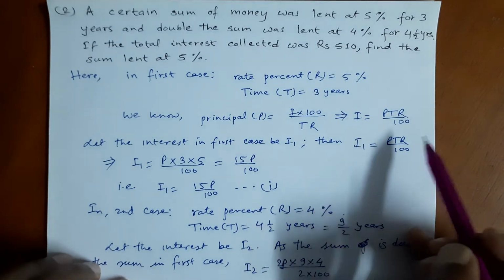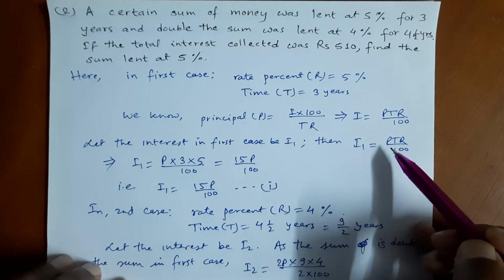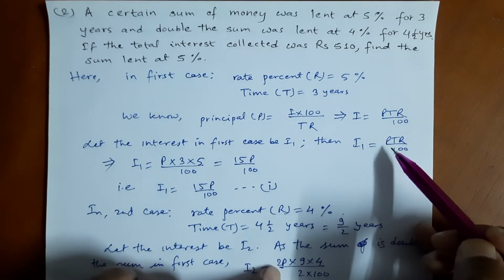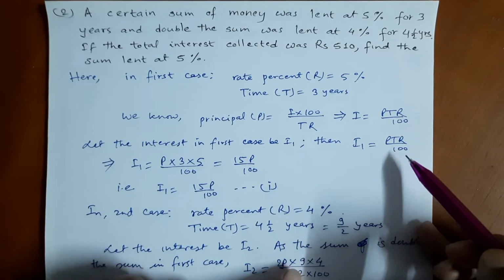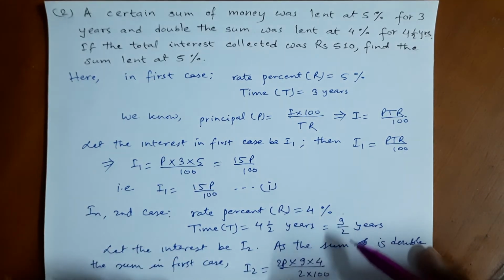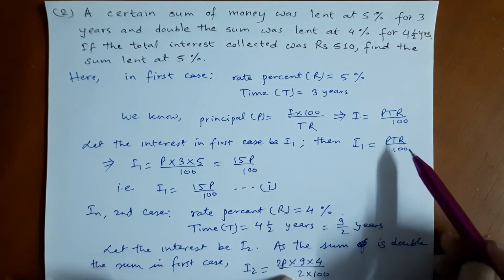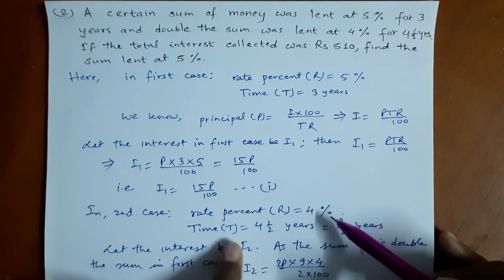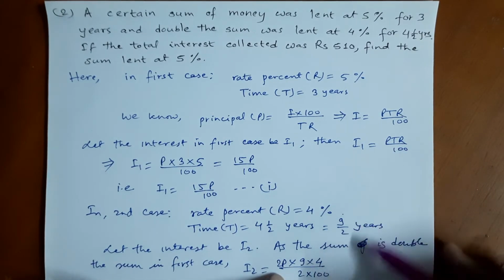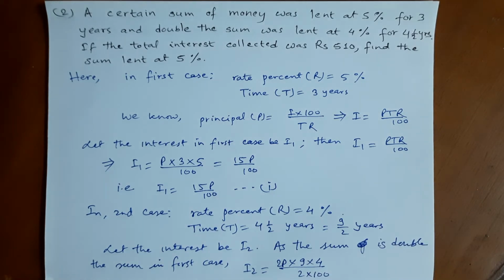So in place of P in the formula we have written twice P, in place of time we have written 9 over 2 years, R is 4, and 100 is as it is in the denominator.